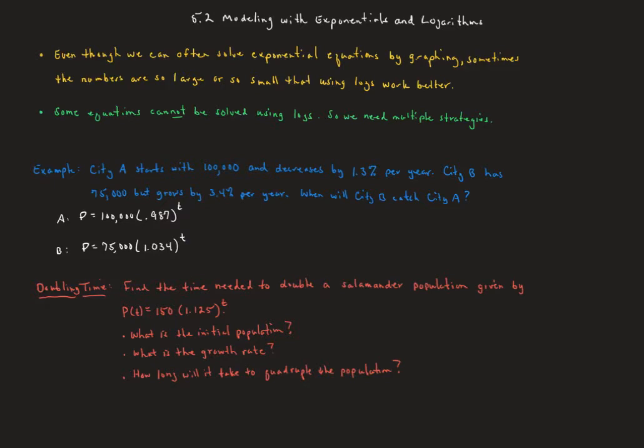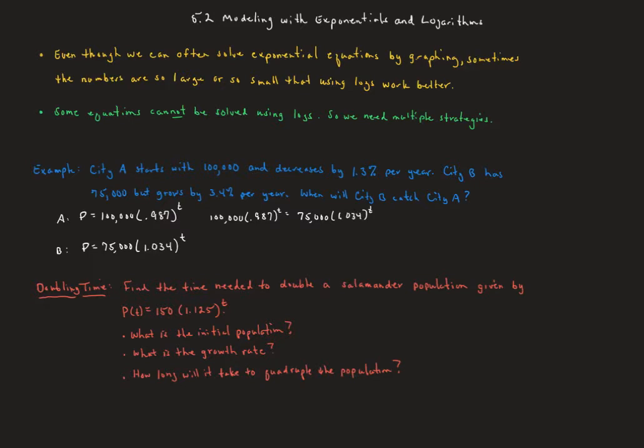And our question then is, when are they equal to each other? So we will set them equal to each other: 100,000 times 0.987 to the t power equals 75,000 times 1.034 to the t power.